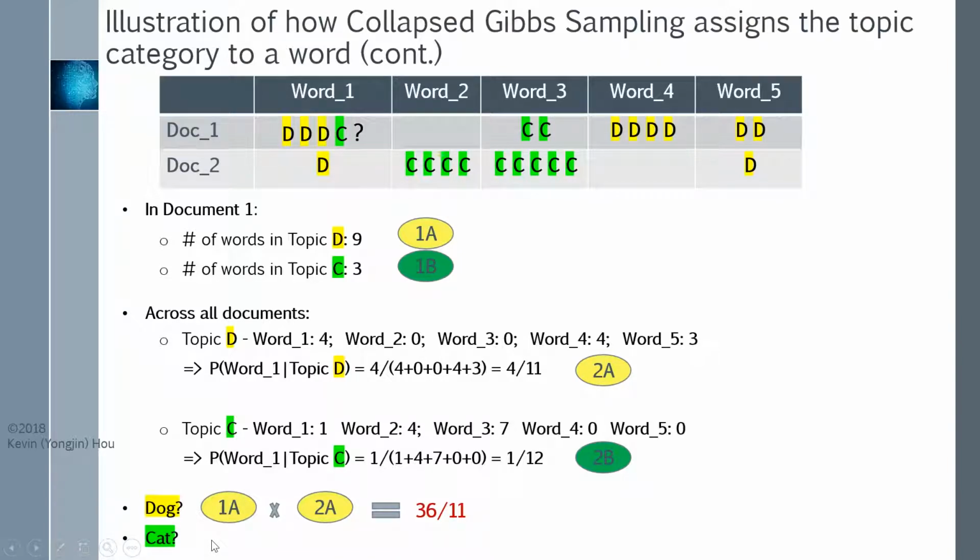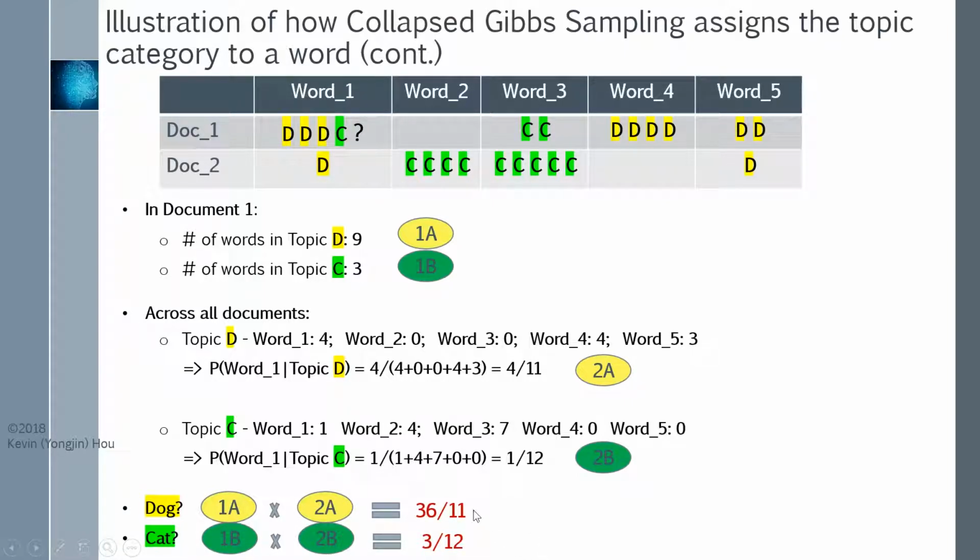And what about cat? For cat, you get 1B times 2B, which is 3 times 1 divided by 12, and this gives us 3 out of 12. This is based on equation 1 in the appendix. That formula tells us the proportion for category dog is 36 divided by 11, and the proportion for category cat is 3 divided by 12.